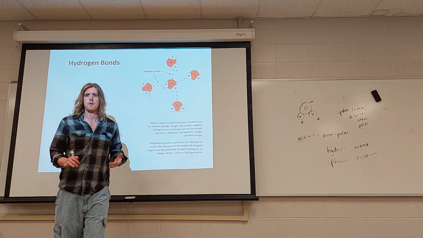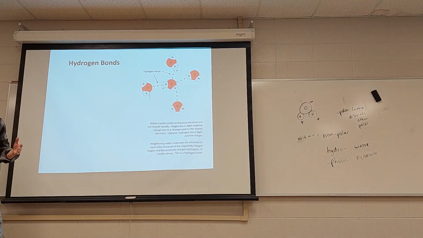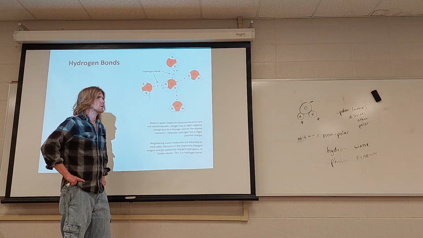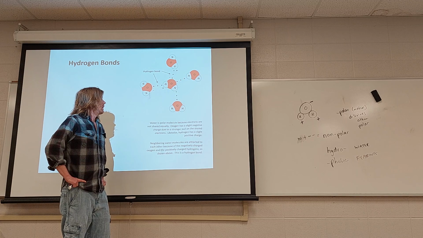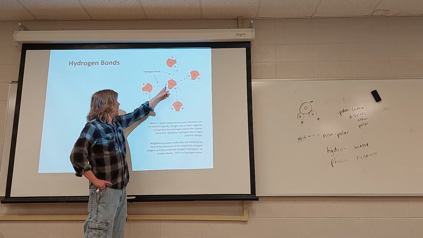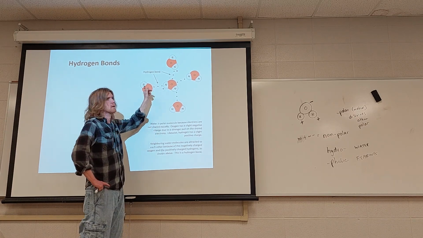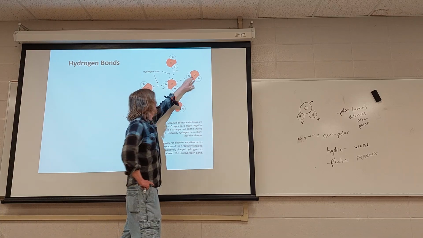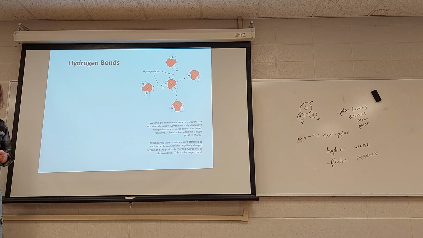Any body of water, even a glass of water, is going to have uncountable numbers, so to speak, of individual water molecules. And they're going to be attracted to each other. The positive hydrogen on one water molecule is attracted to the negative oxygen on another. That's going to happen amongst all of the water molecules within a particular body of water.